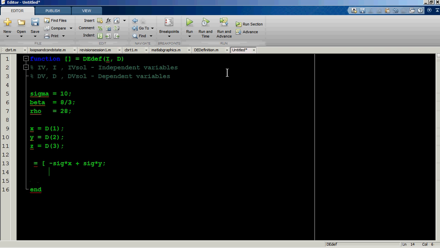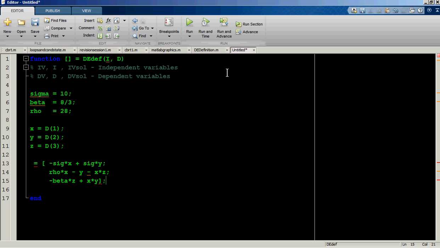That is our first equation, followed by rho into x minus y minus x into z, and we also have minus beta into z plus x into y. These are our 3 equations.